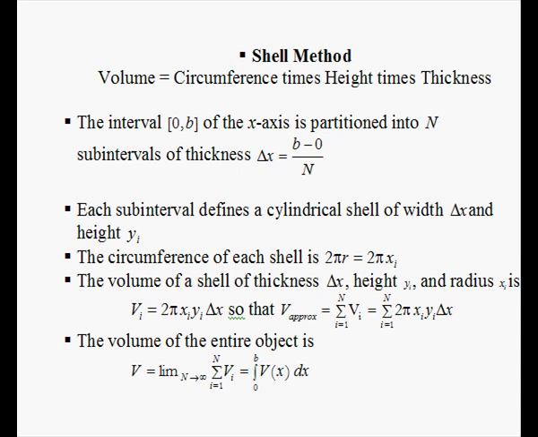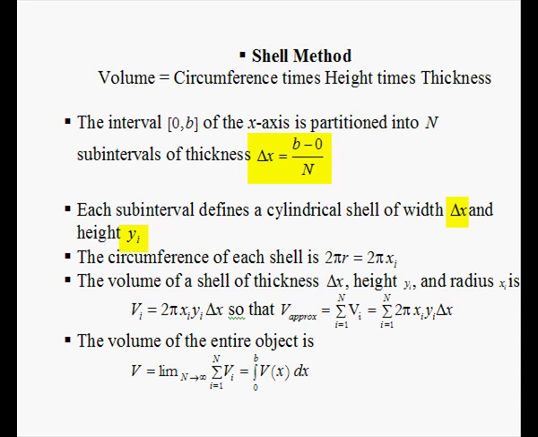So here's what I'm trying to draw, but stated in words. You have an interval from 0 to b on the x-axis. The shell is plopped down here, and it goes from minus b to plus b, so we're only going to look from 0 to b. Then you divide it up into little delta x's, so it's a whole bunch of nested shells. Each subinterval defines a cylindrical shell of width delta x, and the height is y, and y varies with x.